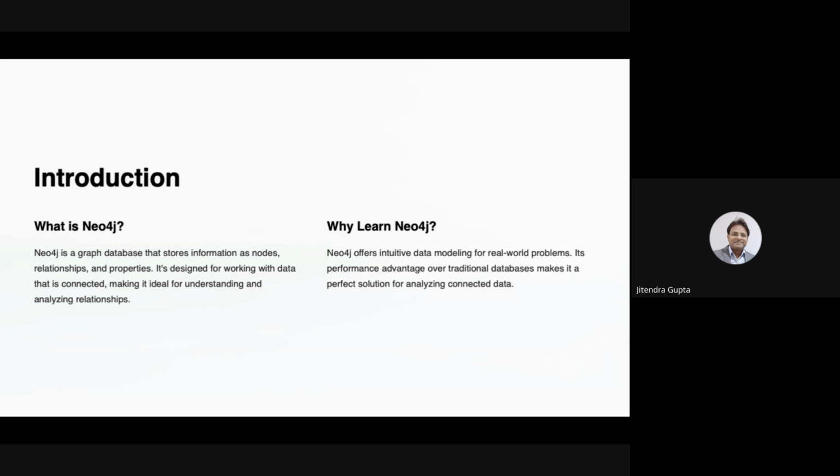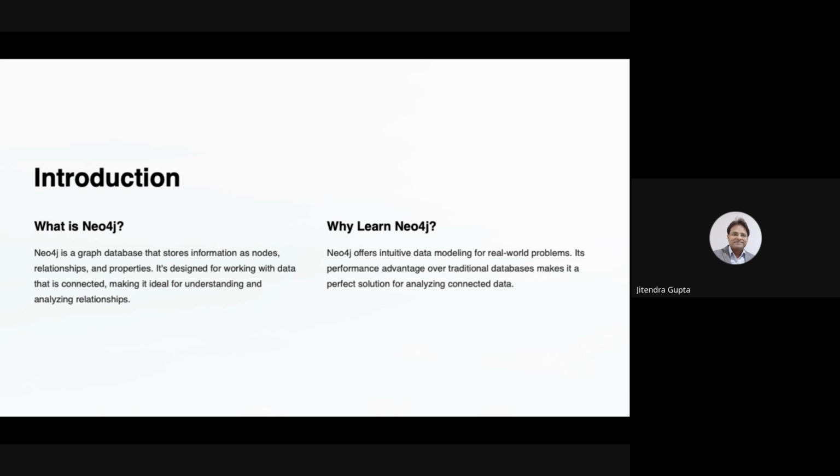It is designed based on the data that we have nowadays, for example data related to social media platforms. You will have mutual connections that we want to represent. That is easier when we use a graph instead of transactional databases, or the structured databases that we in general use.